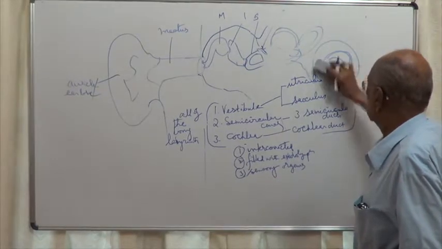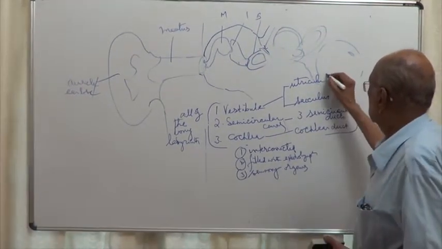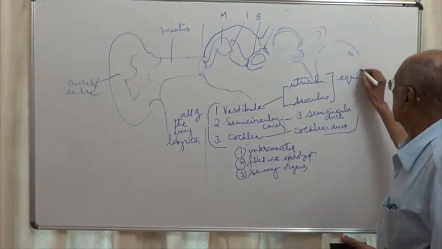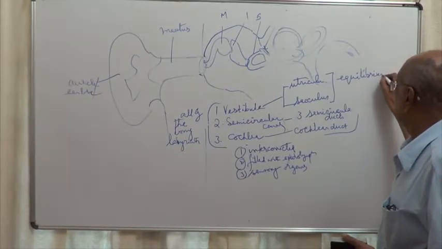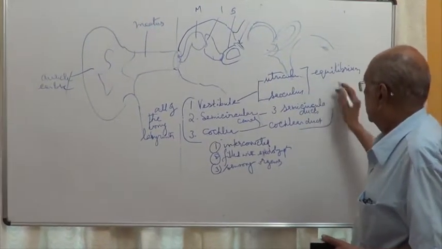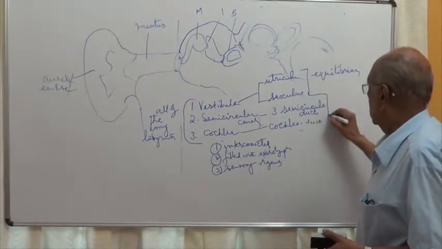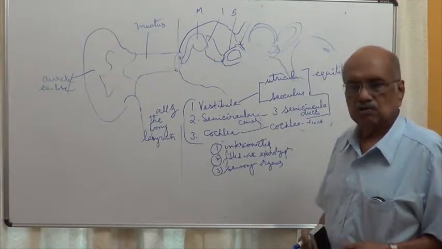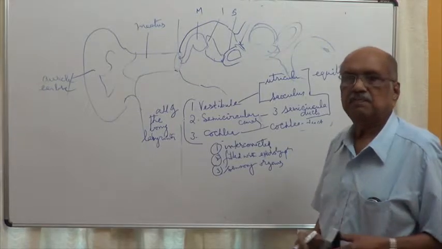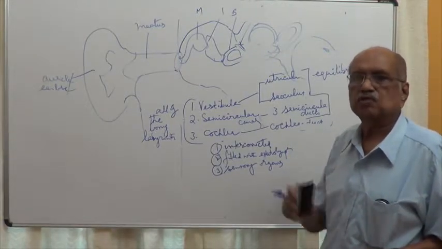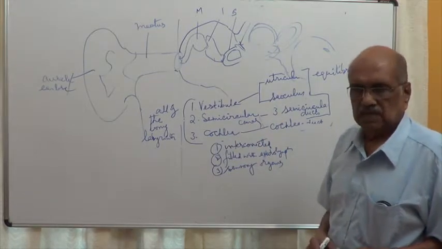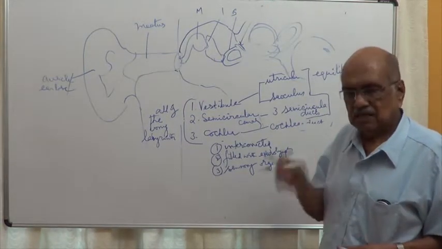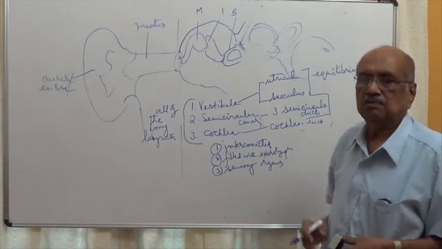Utriculus and sacculus in this contain sensory organs involved in equilibrium. Semicircular canals, utriculus, sacculus contain sensory organs associated with equilibrium and acceleration, turning of the head movements, static equilibrium, dynamic equilibrium.